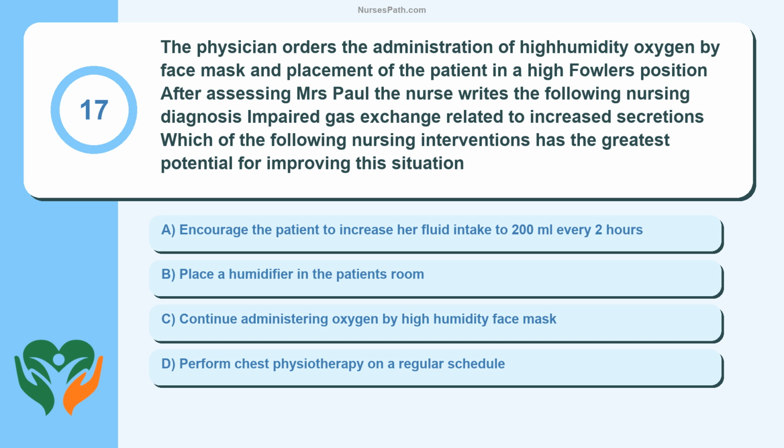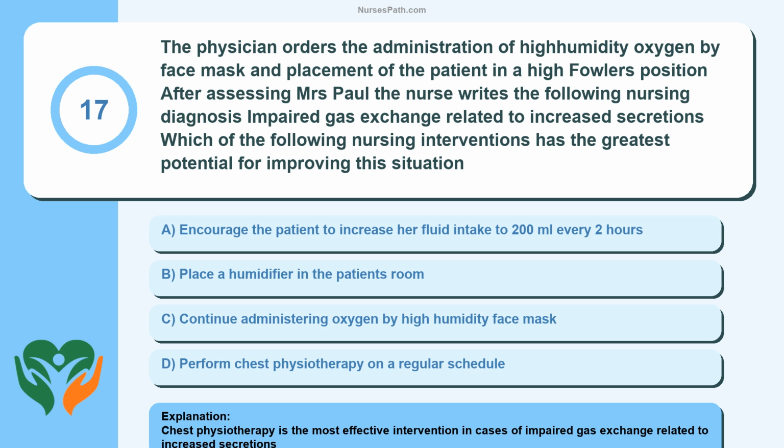Place a humidifier in the patient's room. Continue administering oxygen by high humidity face mask. Perform chest physiotherapy on a regular schedule. Chest physiotherapy is the most effective intervention in cases of impaired gas exchange related to increased secretions.